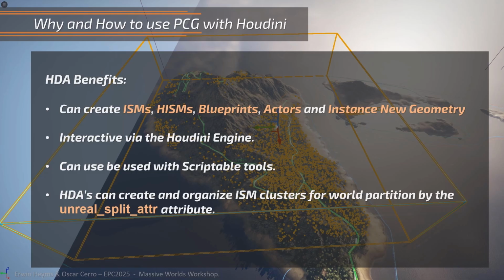So the Houdini engine gives you some options to run Houdini tools using scriptable tools, make them spawn the tool, execute the tool, and then delete the tool, and the user will never even know what it's doing. You won't have to worry about it. And then finally, HDAs can also create and organize your instanced static meshes into clusters for world partition using the Unreal Split attribute.